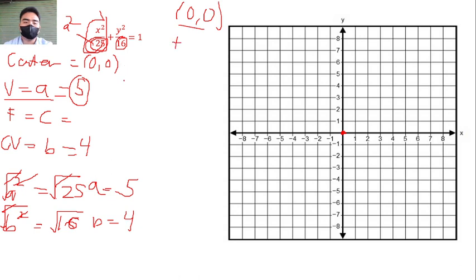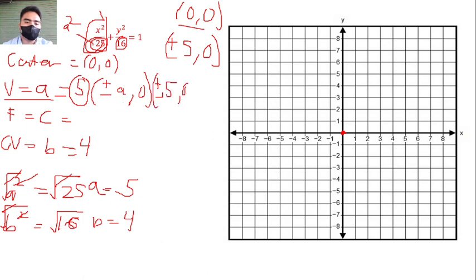So it is positive and negative 5, then 0. So this is the formula, or the coordinates: positive, negative a, 0, or positive, negative 5, and 0.